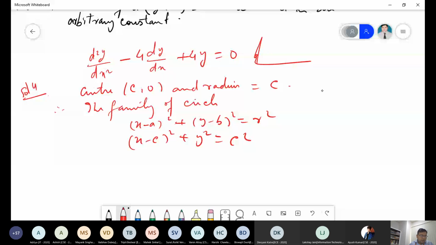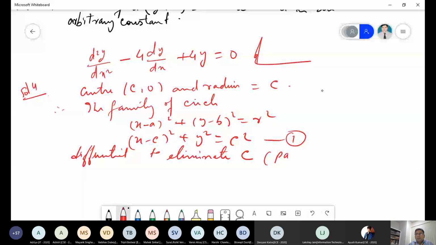So now when you differentiate it, to eliminate c, I'm writing here: differentiate this equation 1 to eliminate c, because c is the parameter. All right, this is a constant parameter, so we have to eliminate it.